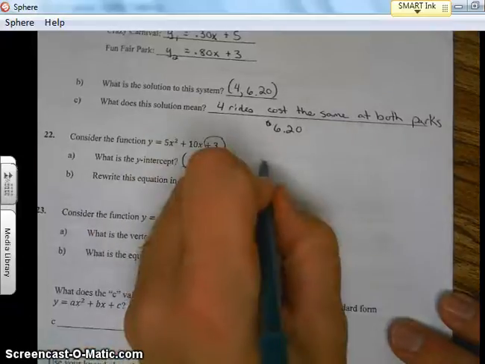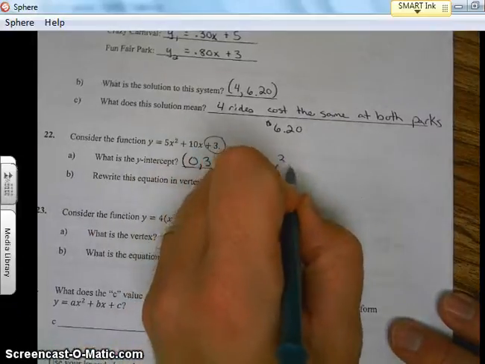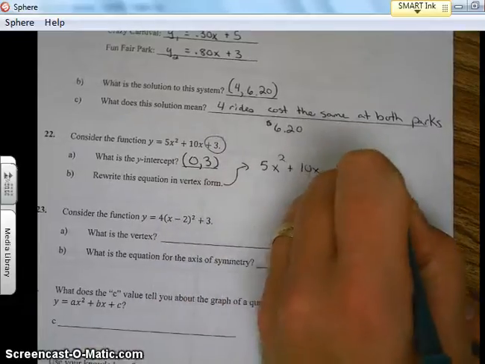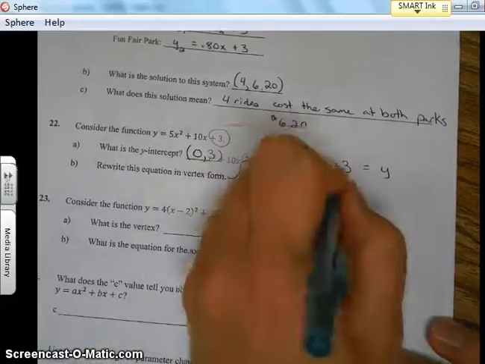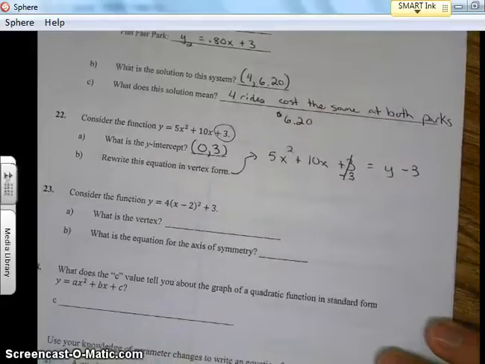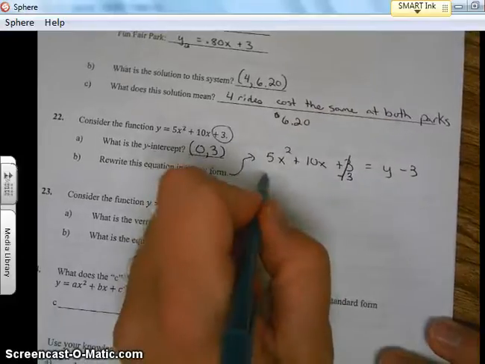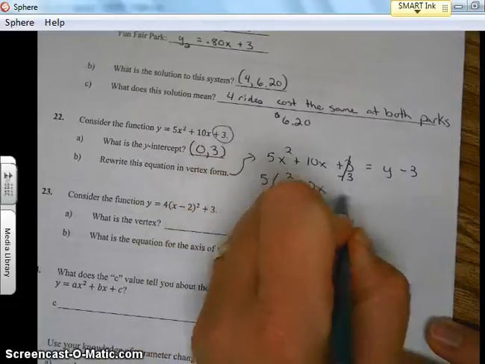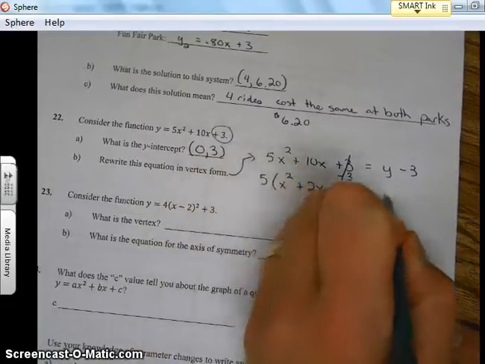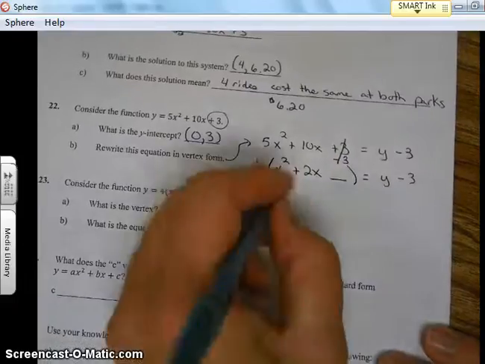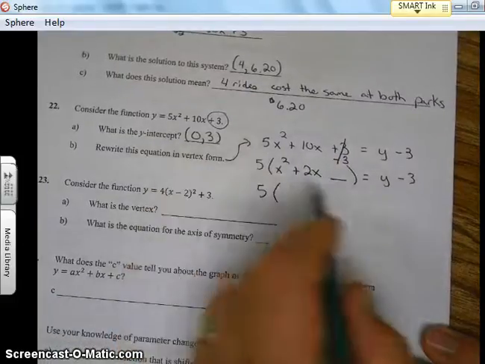So I'm going to go ahead and move my constant over to the other side. I'm going to factor out the 5. And then we're going to change it to vertex form and complete the square.